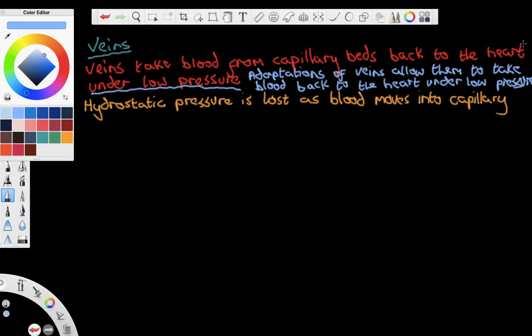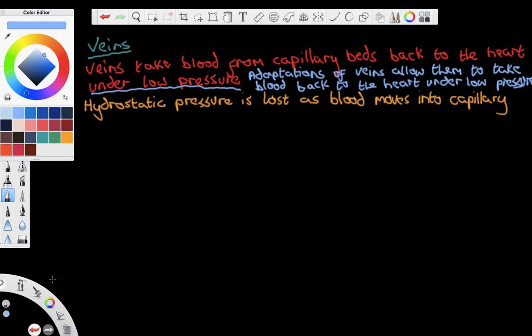Now, veins have a much wider lumen than arteries. Okay? For arteries, we should perhaps have mentioned in the previous slide, that arteries have a much smaller lumen. Okay?